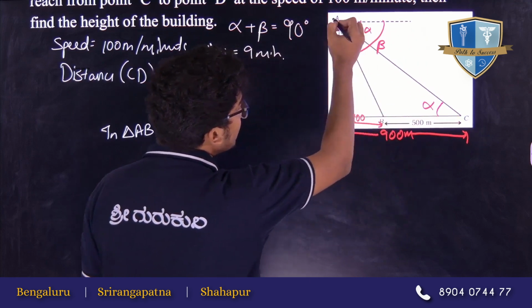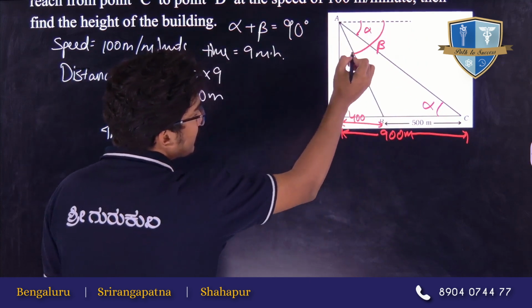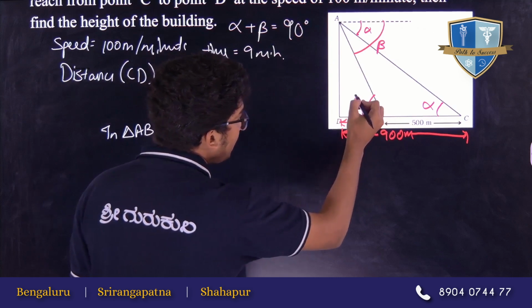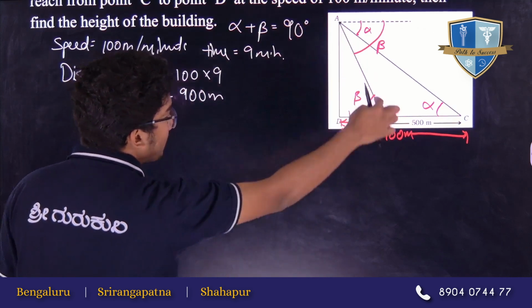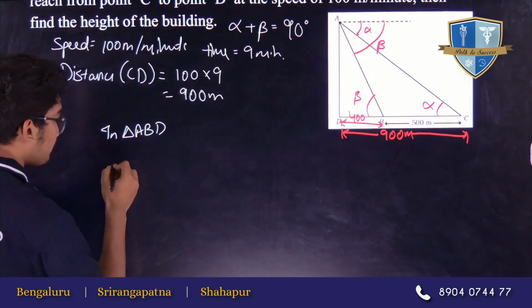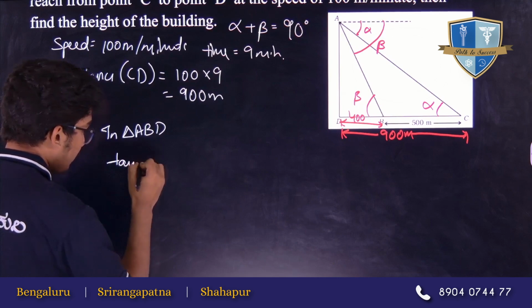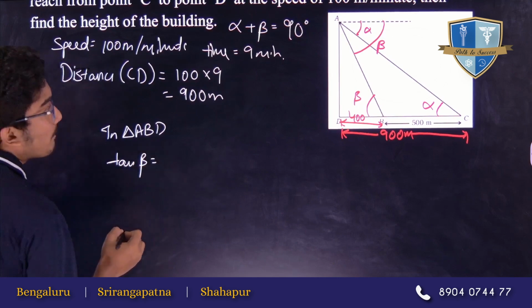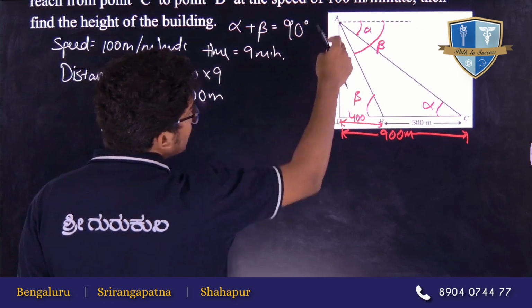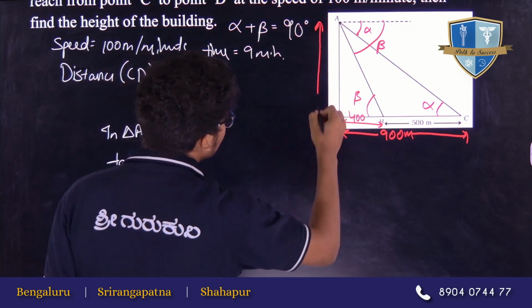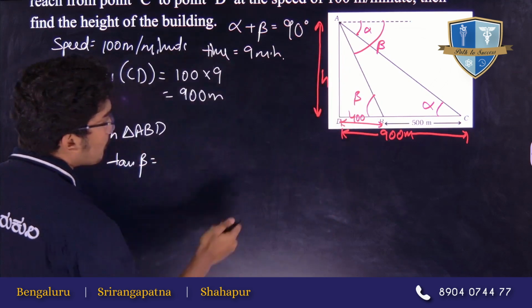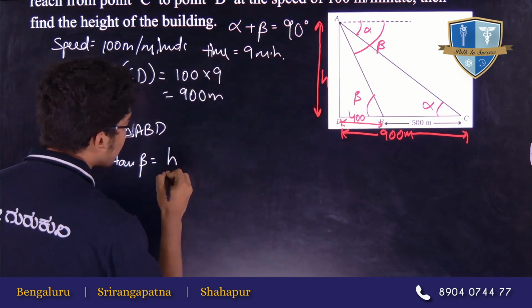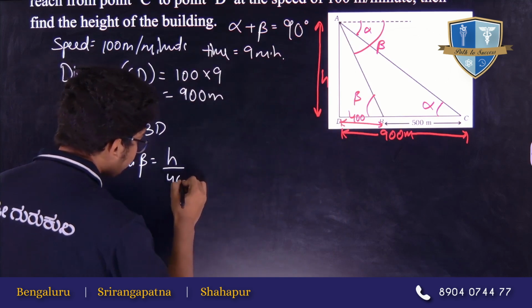If this entire angle is beta, this entire angle will be beta again. So in triangle ABD, tan beta will be equal to opposite upon adjacent. Opposite is h. Let's suppose the height of the building is small h. So opposite is h upon adjacent, which is 400.